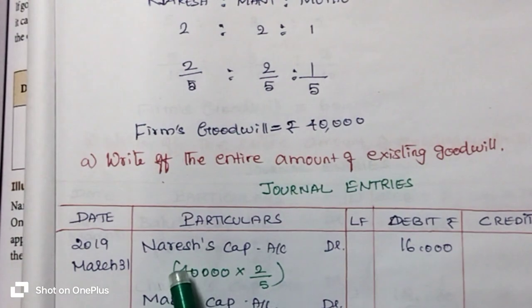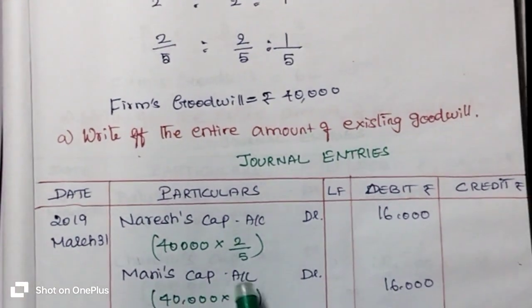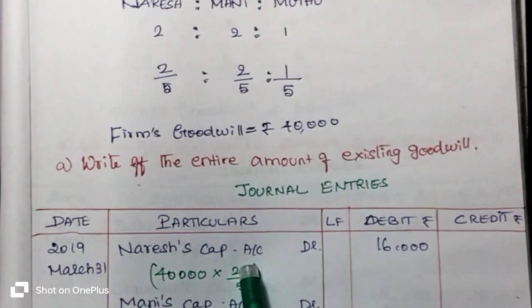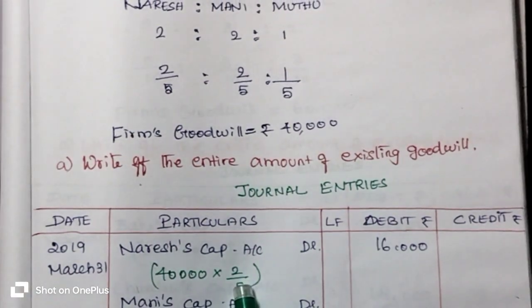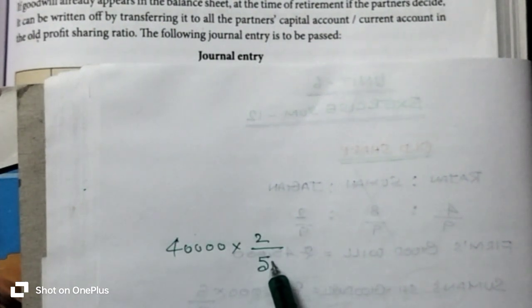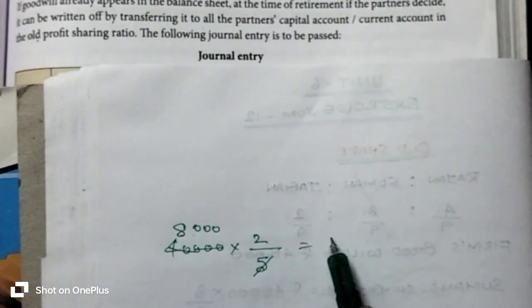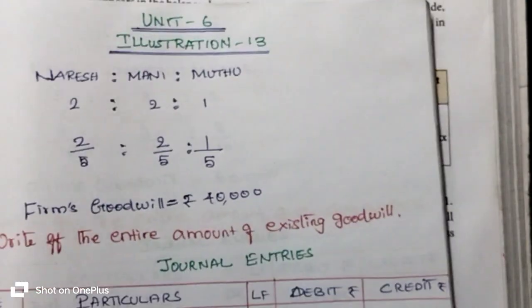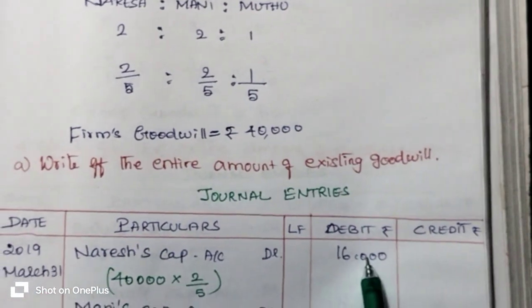Goodwill of 40,000 rupees is transferred in his gaining ratio, the old profit sharing ratio of 2/5. So 40,000 into 2/5: 5 eights are 40, then add three zeros. 8 into 2 is 16. So 16,000 rupees is transferred to Naresh's capital account.